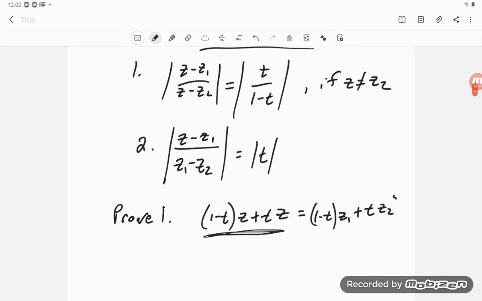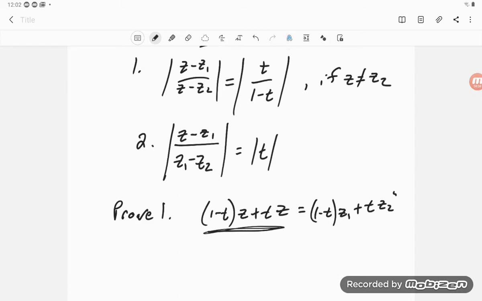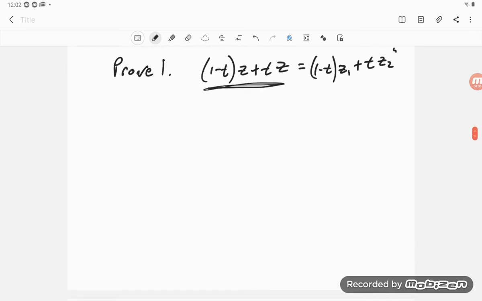Okay, so let's see. Oh, they do mention circle equations, so let's go ahead and toss that in. A circle.